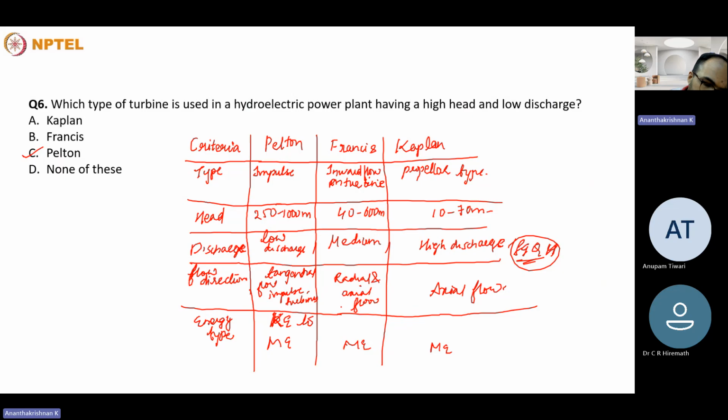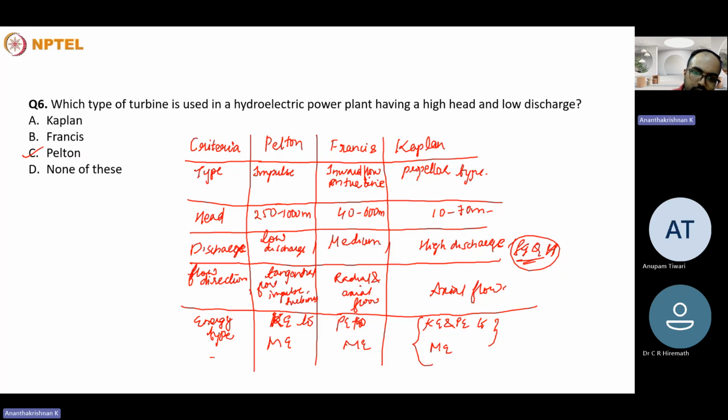So it converts potential energy to mechanical energy because we consider the head. It comprises the actual kinetic energy as well as the pressure part. So the Kaplan turbine uses both kinetic energy and potential energy to produce mechanical energy. It's a combination of both of them.